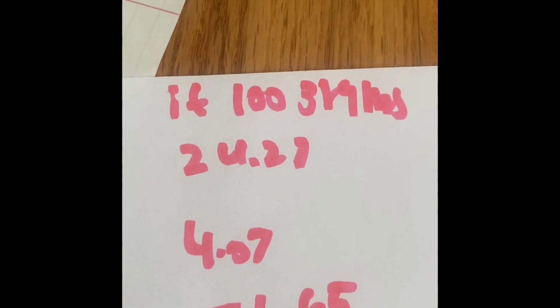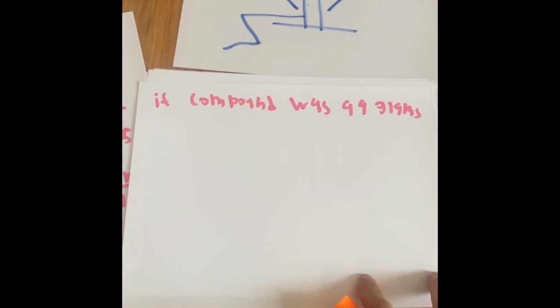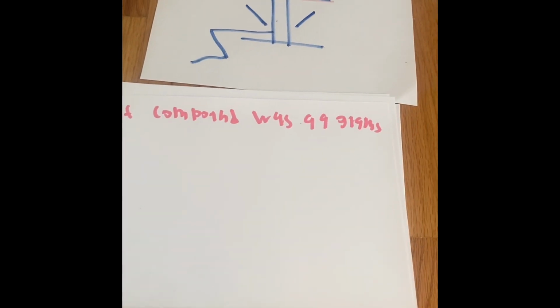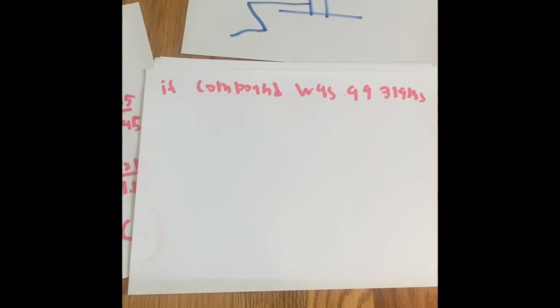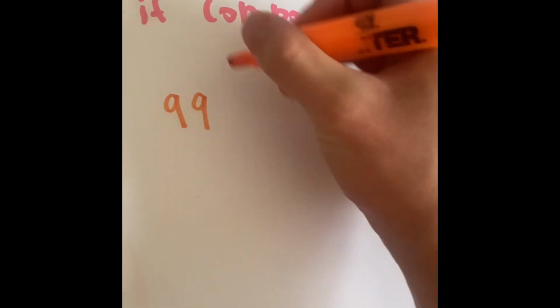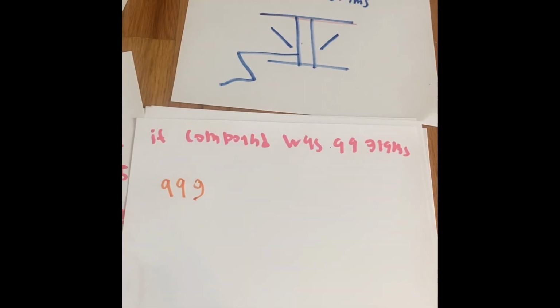So instead of 100 grams, what if the molecule was more or less, say 99 grams? So what we're gonna do is put 99 on the top, because that is how many grams we're trying to find if the compound weighed that much.